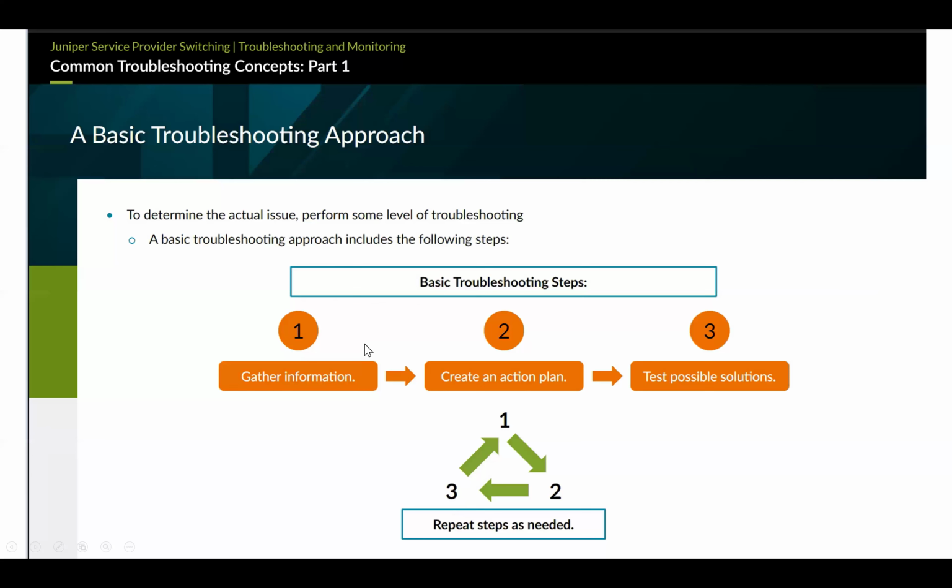So these are the very basic troubleshooting steps. Number one is gather information. First, you need information. Okay, and then create an action plan, and last one is test possible solutions. Let me take one example. Customer is sending a problem: we're getting packet loss for a specific destination.